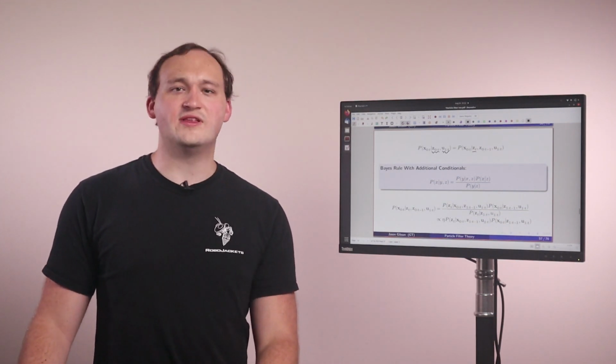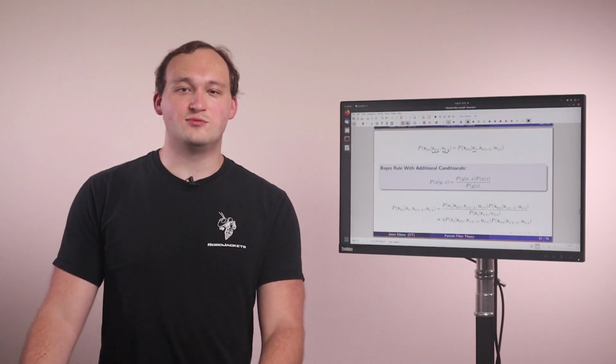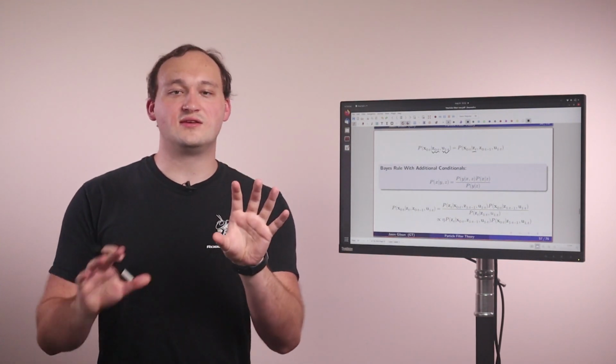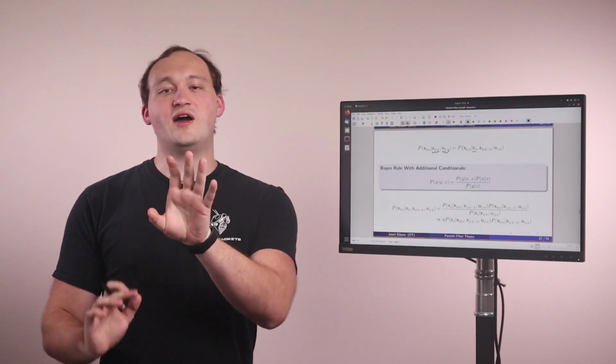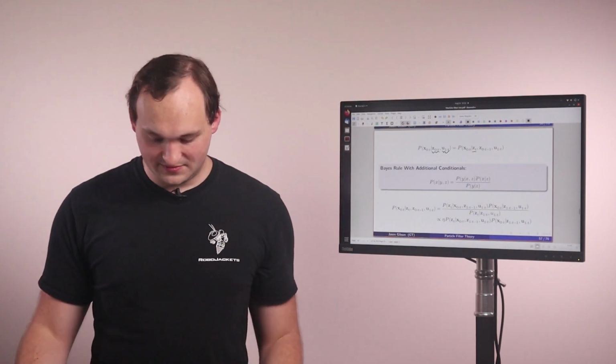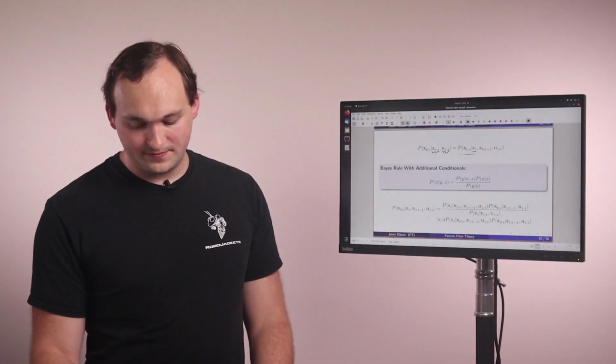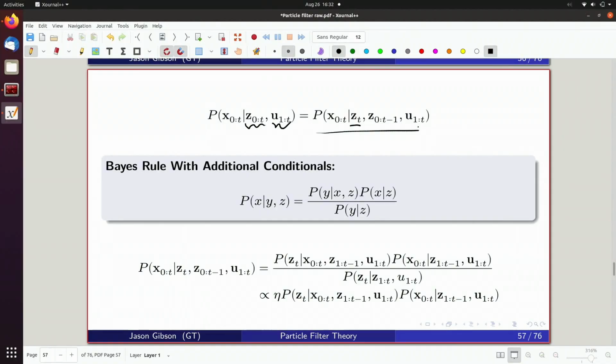Remember, what Bayes' rule allows us to do is rewrite conditional probabilities in the reverse order. So we're going to use this application of Bayes' rule onto this top equation here. That's going to allow us to rewrite things like the probability of the state given the sensor readings, as the probability of the sensor readings given the state.